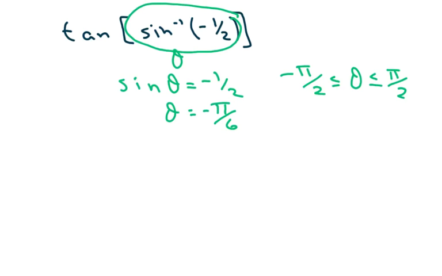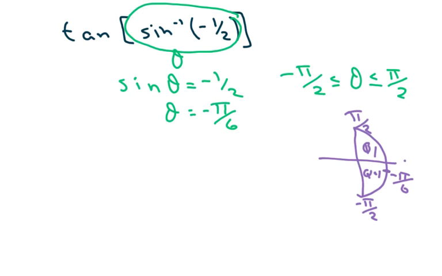Now remember, when we restricted the domain here, we're in quadrant 1 and quadrant 4, but we're starting at negative pi over 2 to pi over 2. So it's right in here, but it's still negative pi over 6.